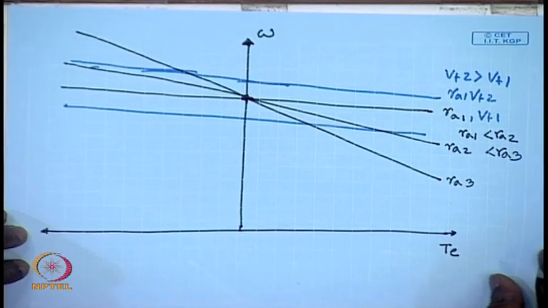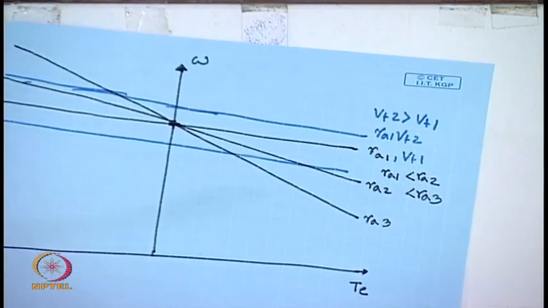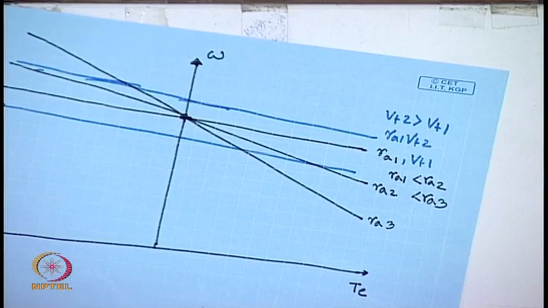What happens if we change the field flux by changing the field resistance?